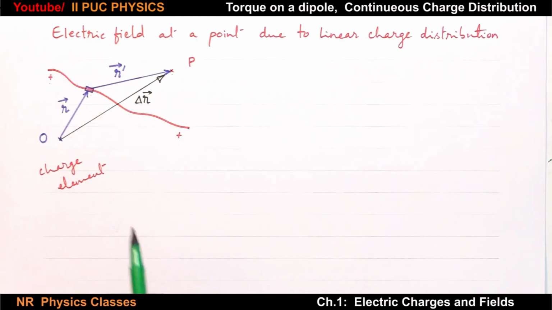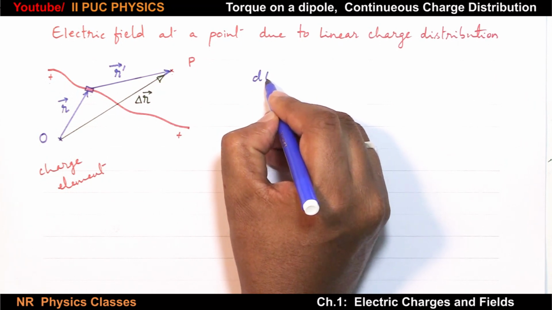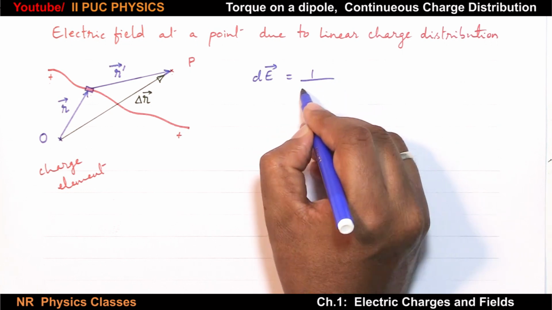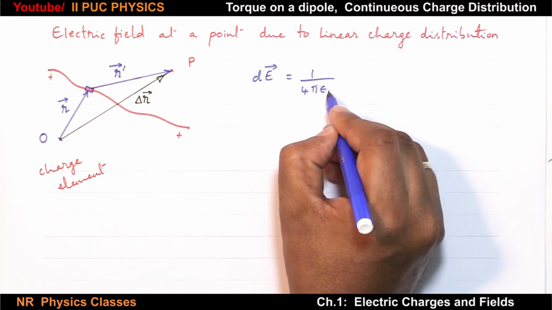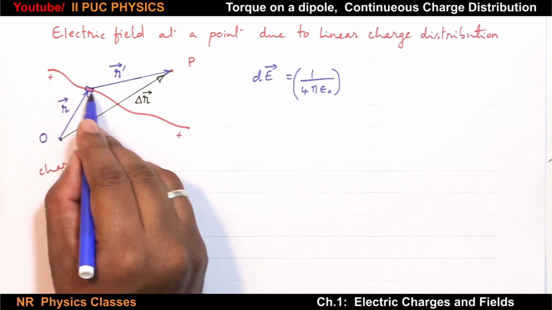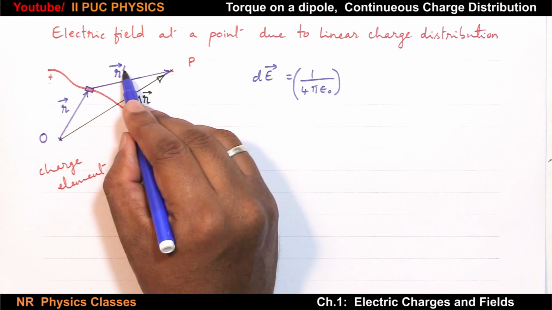So that electric field is dE equal to 1 by 4 pi epsilon naught. If the conductor is positively charged, then electric field is in the direction of R dash.